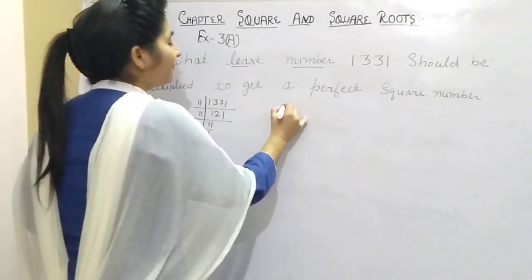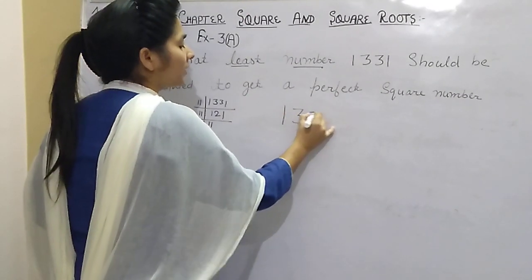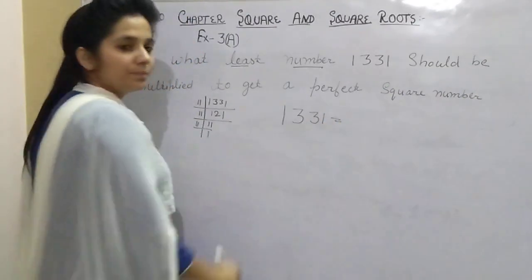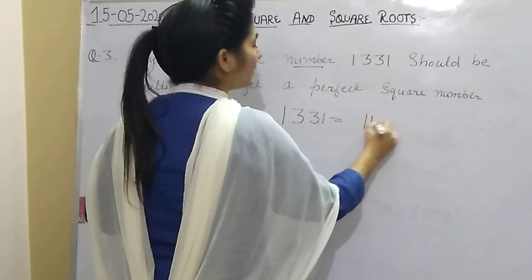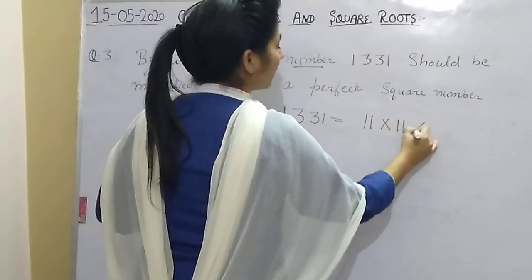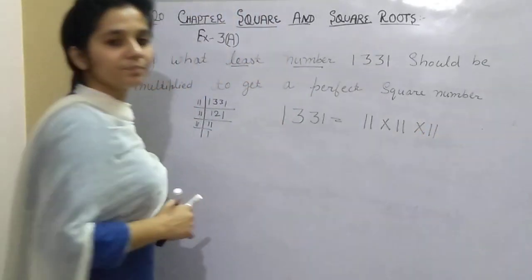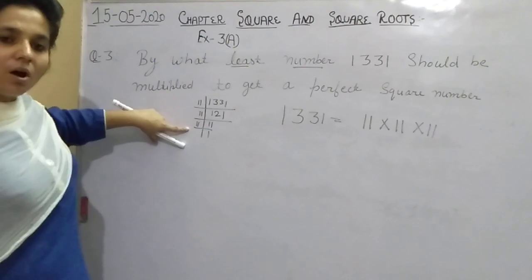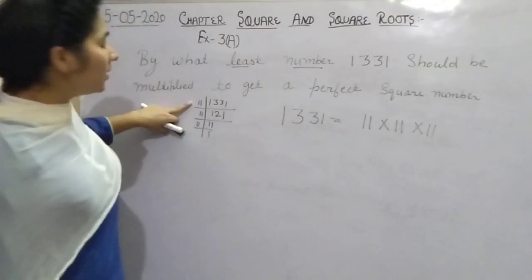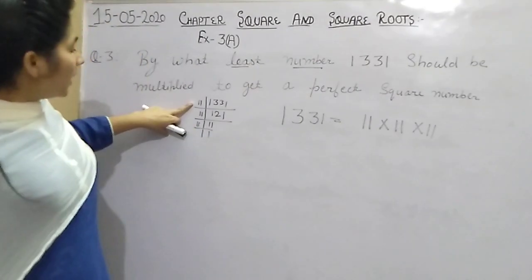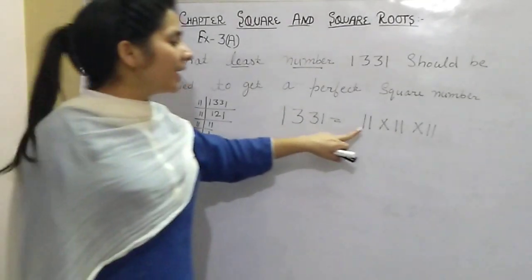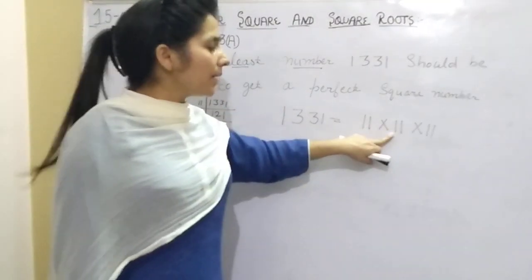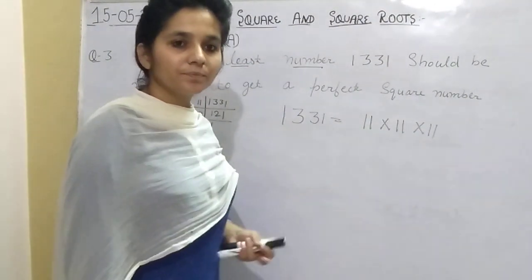And all the prime factors of 1331 are 11 multiply 11 multiply 11. There are three prime factors 11, 11, 11, and we can express it as 11 multiply 11 multiply 11.